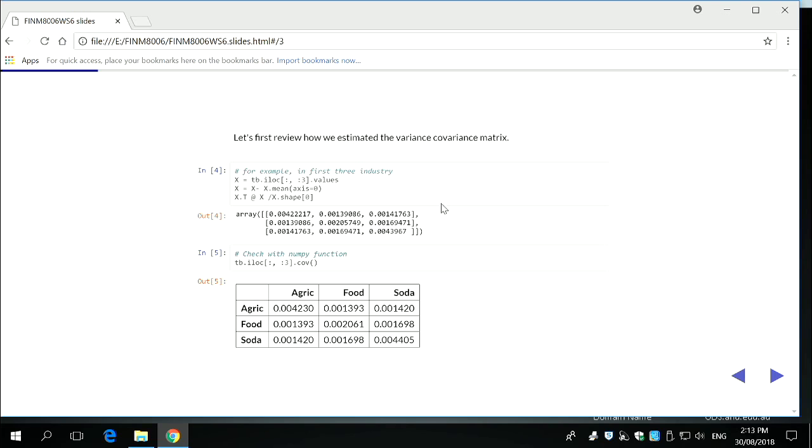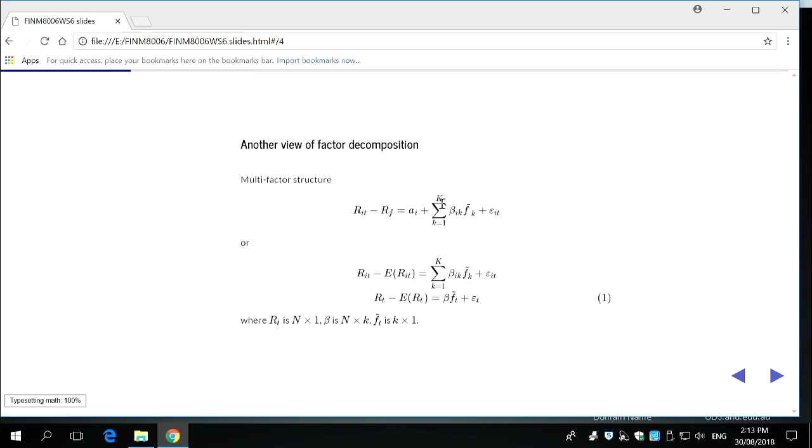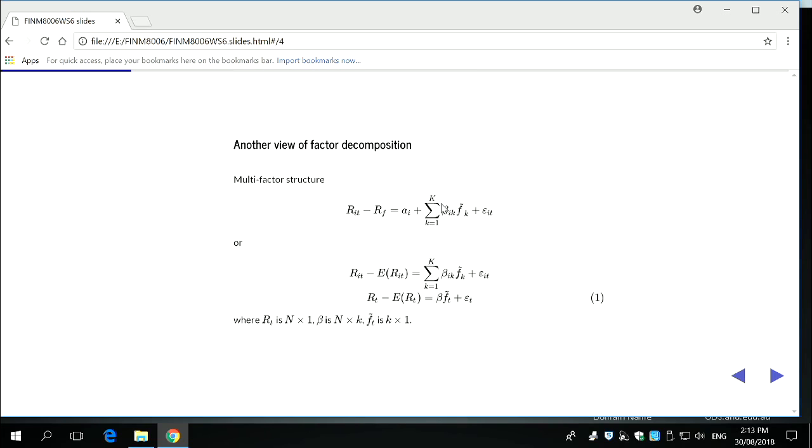Now let's apply this to the factor structure we talked about. In class we talked about this multi-factor structure, right? R_it, any return i minus RF, that's the excess return, equals a_i, which is the expected excess return. We know that's equal to beta times lambda, plus the sum of all those beta loadings times the deviation of the factor, F tilde k, plus some random error.